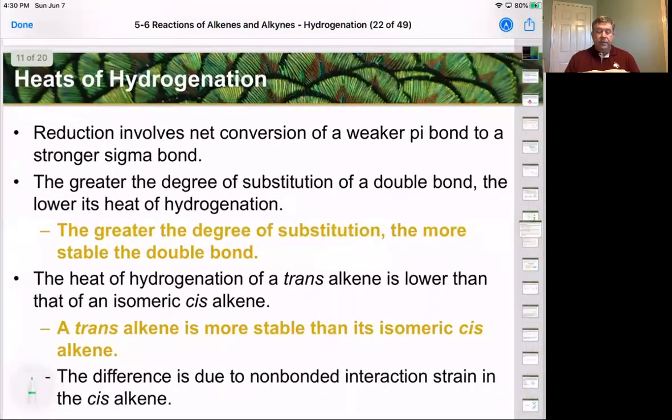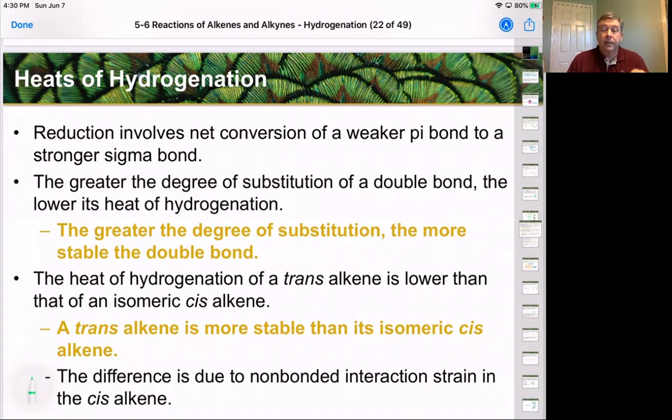Okay, so this is the result of what we just talked about here. Reduction involves a net conversion of a weaker pi bond to a stronger sigma bond. When it does this, the greater the degree of substitution on the double bond, the lower the heat of hydrogenation. The greater the degree of substitution, the more stable the double bond was.